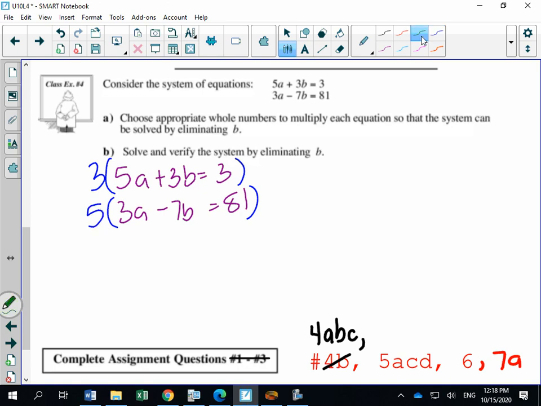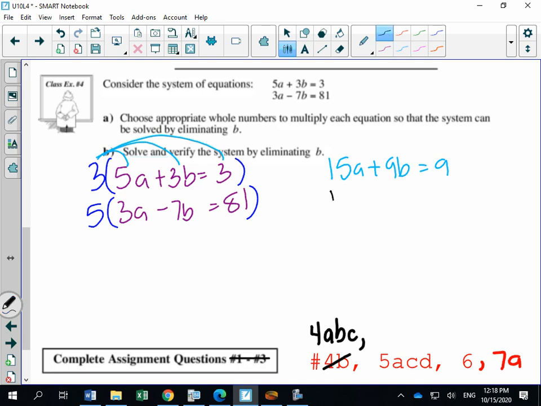Okay, so we got to do some work for this. So we're multiplying the first system by a 3. So we get 15a plus 9b is equal to 9.